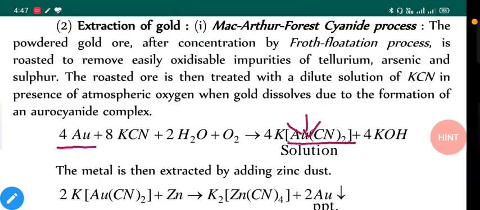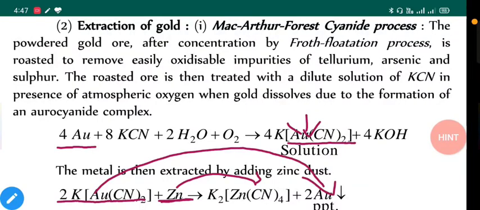Now the reverse reaction, that means a reaction with a more reactive metal, can reduce our metal. So when we have this compound and it reacts with a more reactive metal like zinc, it is reduced again. Instead of gold, zinc will form the complex. That means zinc will oxidize and our gold will reduce.